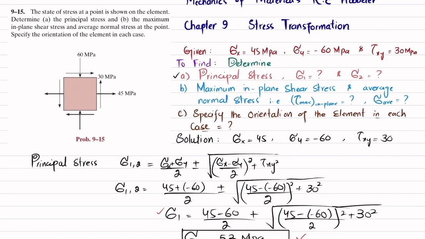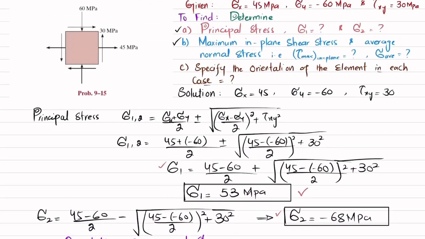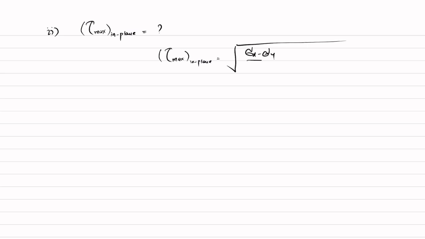Now we will move toward our second part and we will find the maximum in plane shear stress. So I will write it on the next page. In the second part we have to find the maximum in plane shear stress. So we know that maximum in plane shear stress is equal to the square root of sigma x minus sigma y divided by 2 whole square plus tau of xy whole square.